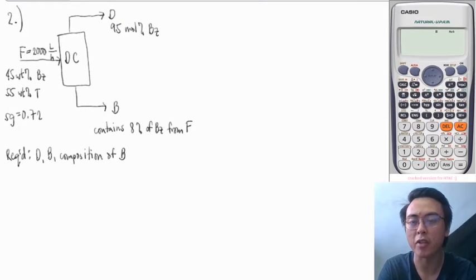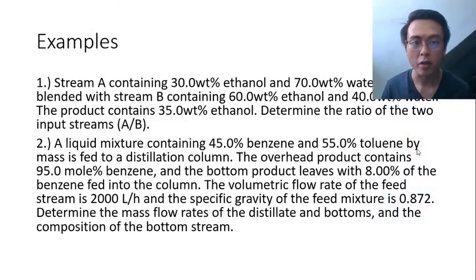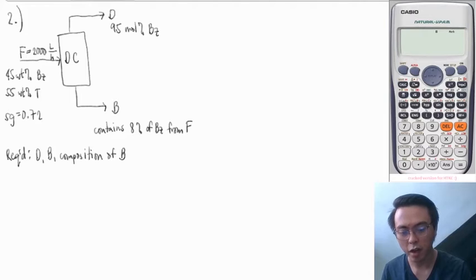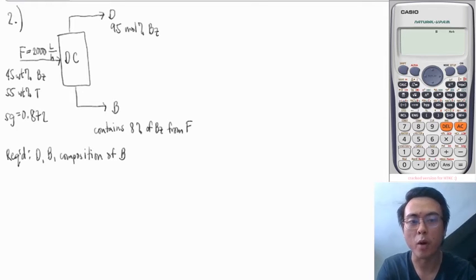The specific gravity of the feed mixture is 0.72. Let me verify. Sorry, that's 0.872. Okay. Specific gravity 0.872. It's also mentioned in the problem that your distillate is 95 mole percent benzene.